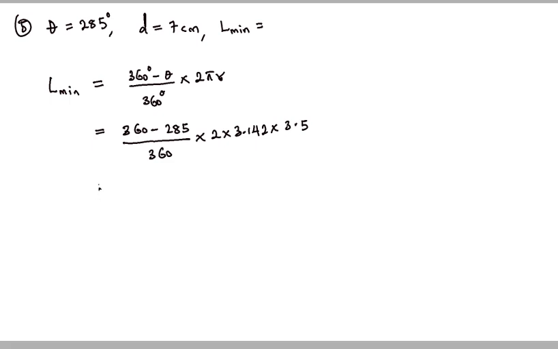So we will have 360 minus 285 is giving us 75. So as you can see now, this is the angle of the minor. If you have two angles in this kind of question, the bigger angle will take the major arc, and the smaller angle we go for the minor arc.